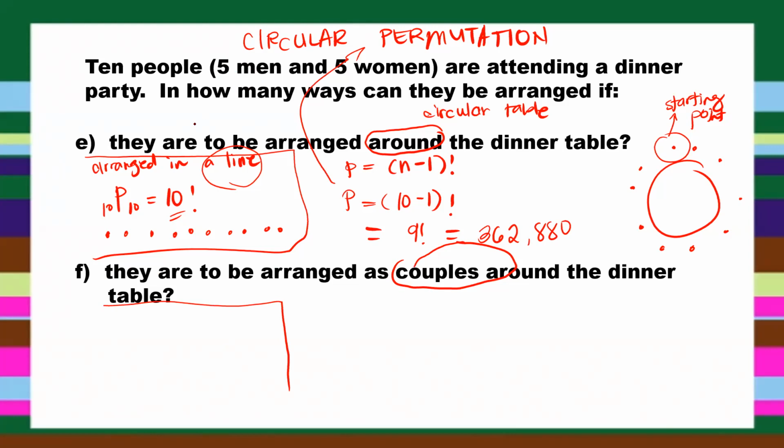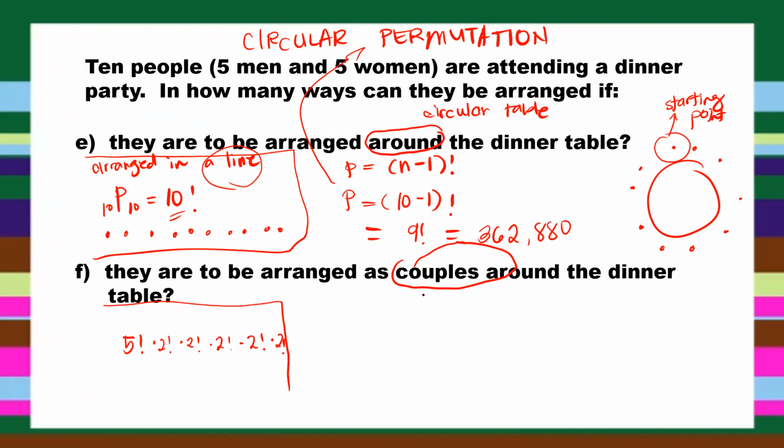So instead of 10, we will have 5, right? 5 factorial. Tapos ang ginagawa natin, dahil magpapalit-palit sila, pwede silang magkapalit-palit. That's times 2 factorial, times 2 factorial, times 2 factorial, times 2 factorial. Ano na to? 4, 5, right?